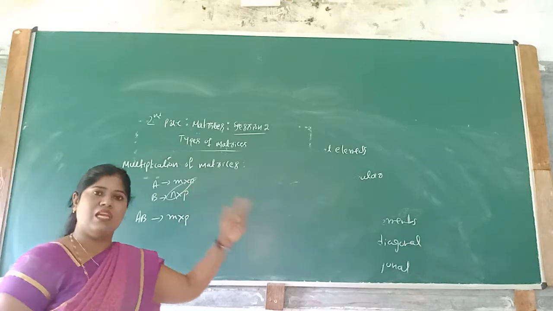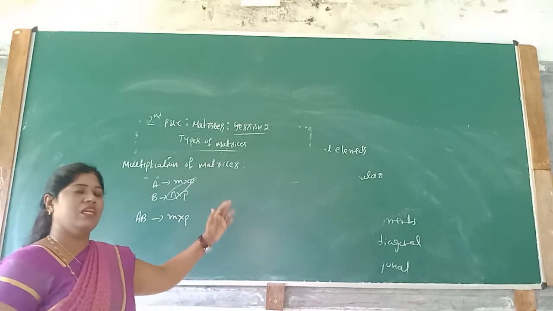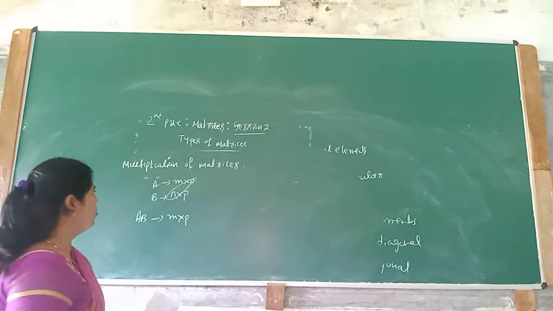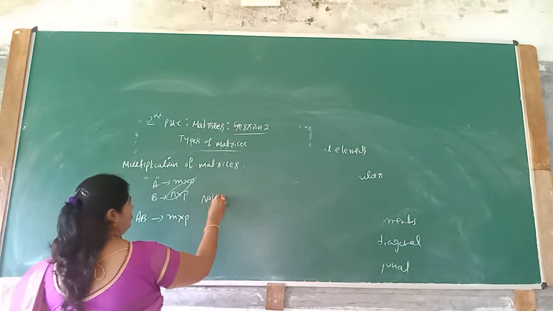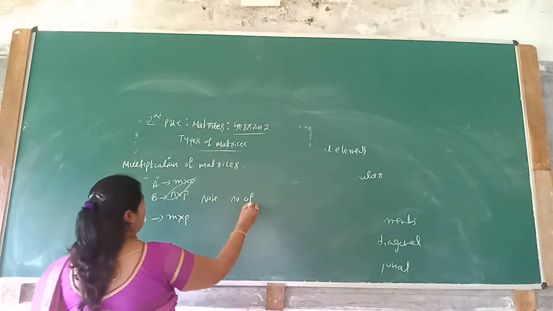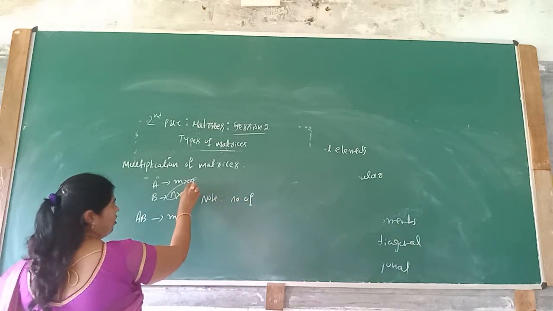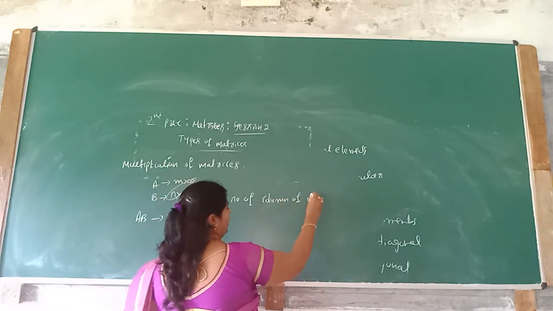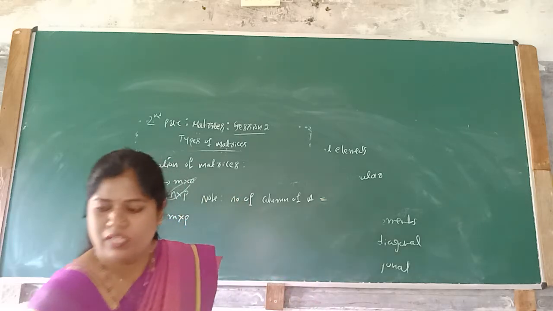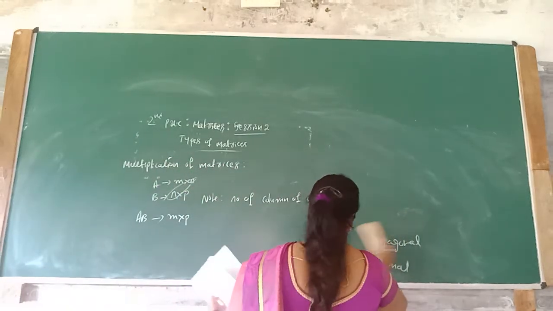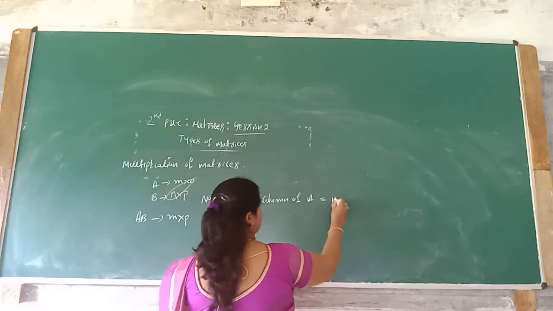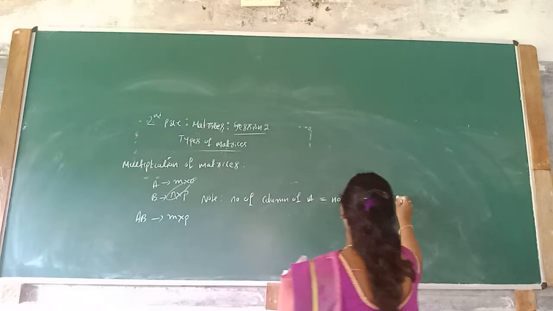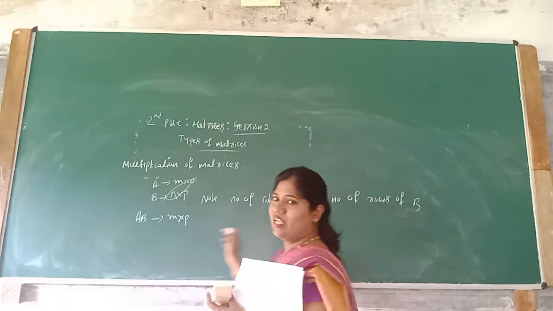So the note is very important: the number of columns of A is equal to the number of rows of B. Then only AB is defined.